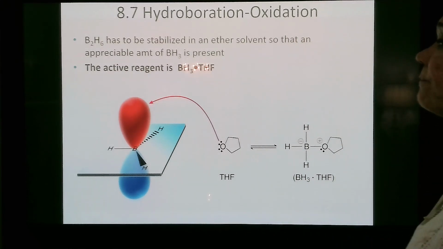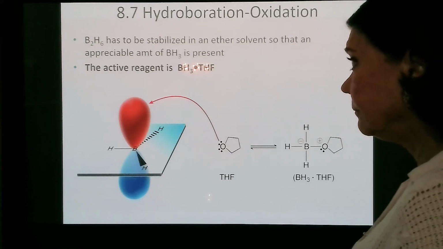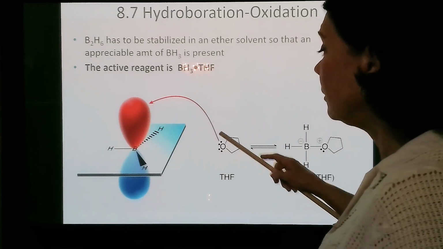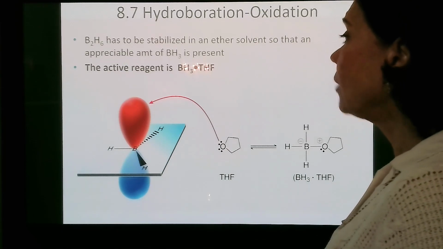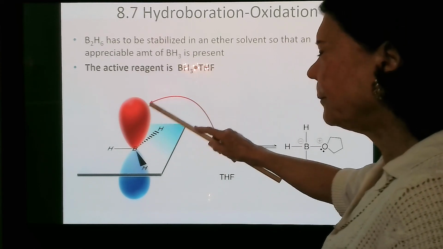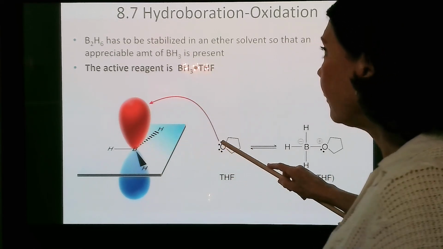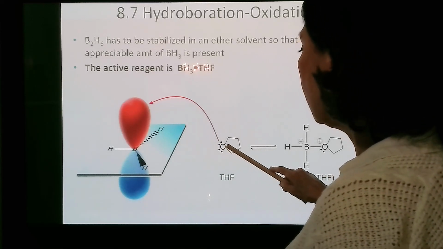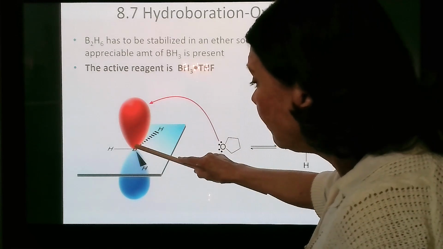So, another form that borane is used in to react is when it's complexed with THF. So borane THF, borohydride along with THF. What's happening here is the lone pair is complexing with boron.